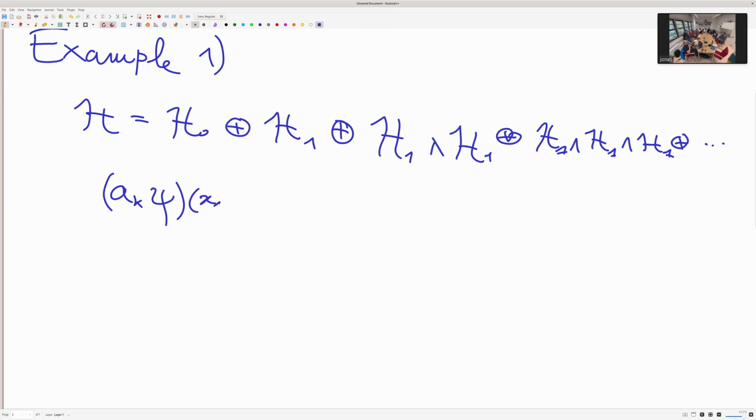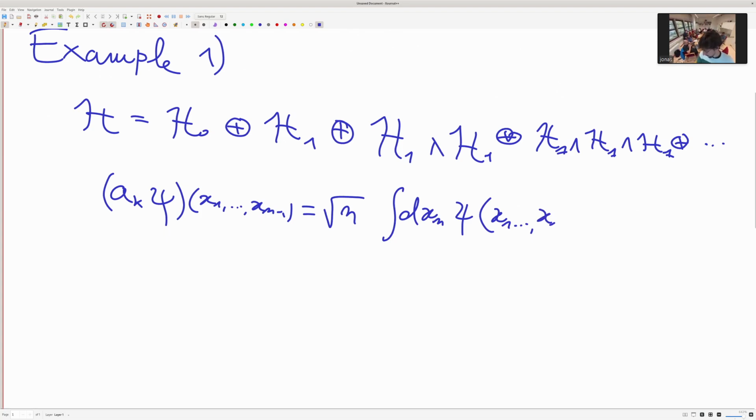So this is a function with n-1 terms, and I define this in a certain way, where phi_k is one of the basis elements of this single particle Hilbert space H1. So there is a certain number of them labeled by k. And what this operator does is just project out of your wave function a particle in this state.